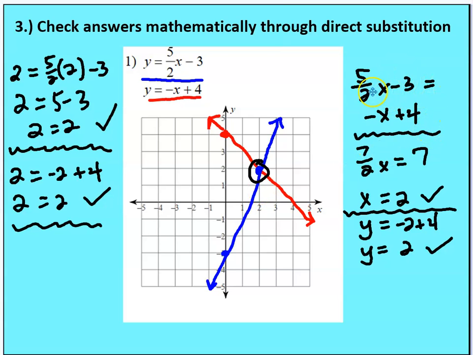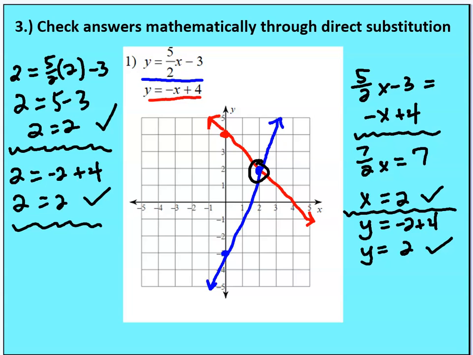Now I've also solved them mathematically here on the right-hand side. So I've taken these 2 equations. This will be the topic of another discussion on solving equations of lines algebraically, but I've done that other work here on the right-hand side for you to check. All right, but we're only concerned right now about checking this graphically. We've identified the point, and then we've checked that out through substituting that point in.